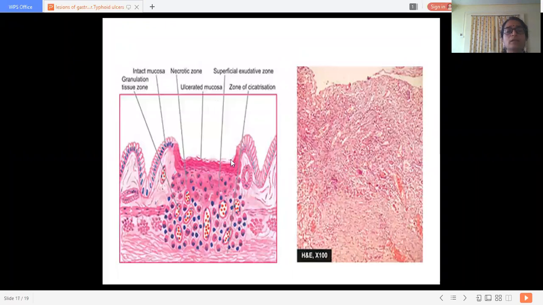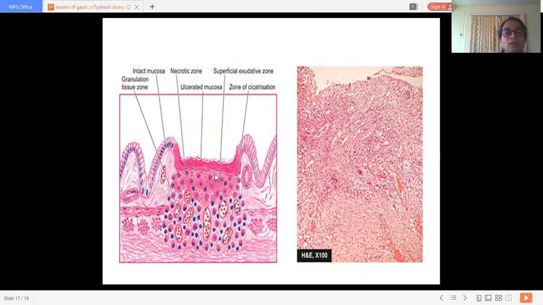Here you can see the histopathology of typhoid ulcers. You can see the granulation tissue zone beneath this ulcer. Then this is the necrotic zone, the reddish pinkish area associated with mononuclear cells.